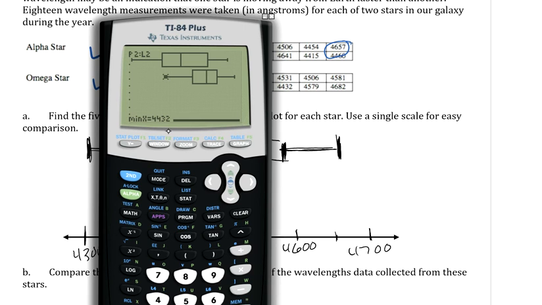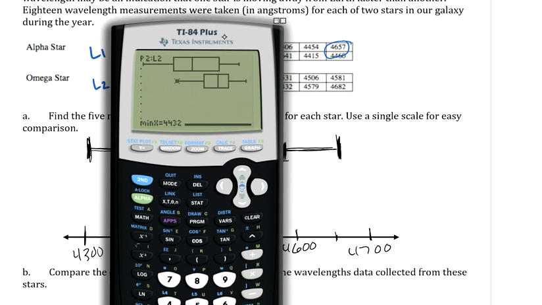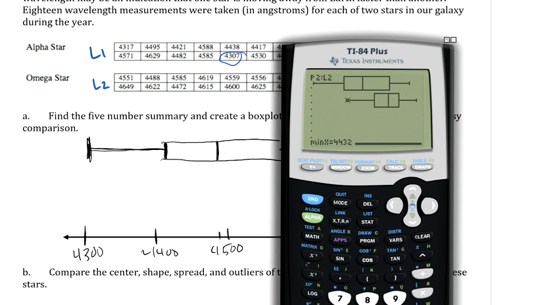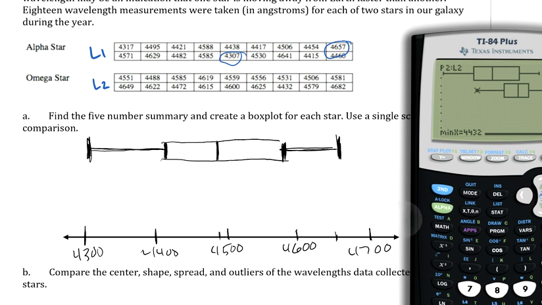So I can read now all of the 5-number summary from my second data set. I'm going to go ahead and jot these down as well. So the first one there is 4,432. Ooh, about right in here.